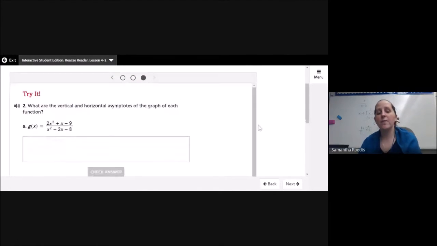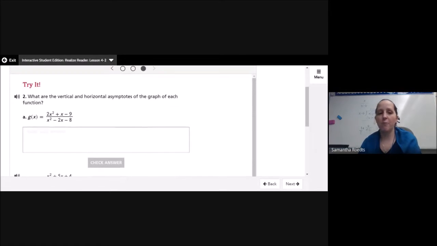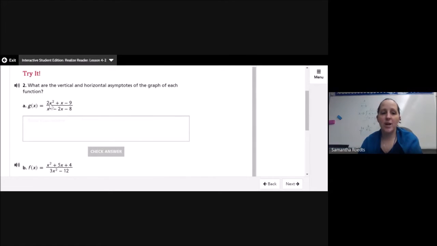All right, so what are the vertical and horizontal asymptotes of the graph of each function? I have 2x squared plus x minus 9 over x squared minus 2x minus 8. For vertical, I set x squared minus 2x minus 8 equal to 0. Factors of 8: minus 4 and plus 2 give me 8 in product, and minus 4 plus 2 equals minus 2.